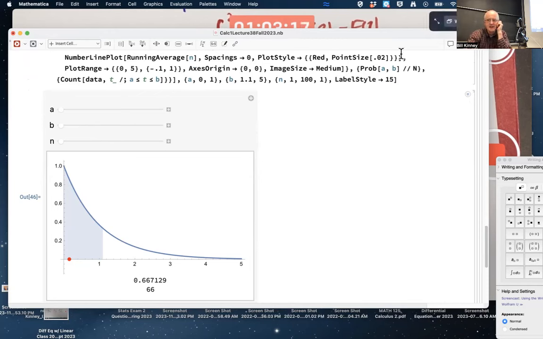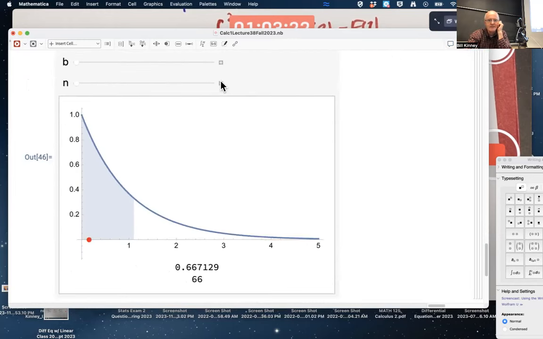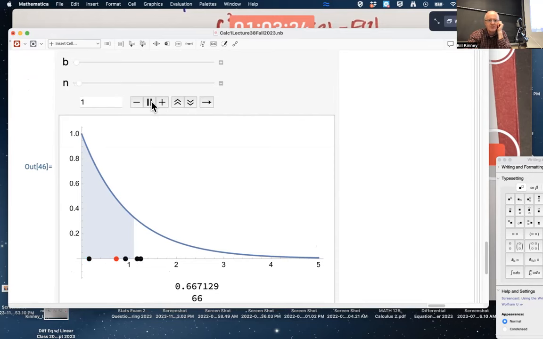If I let this slider n increase, I'm going to see more and more data points representing more and more wait times until the next earthquake. Notice that the points are denser here in the smaller values of x, reflected by the fact that the PDF, the probability density function, is higher. Less dense over here, where the probability density function is lower. But still, once in a while, you have to wait a long time until the next earthquake.